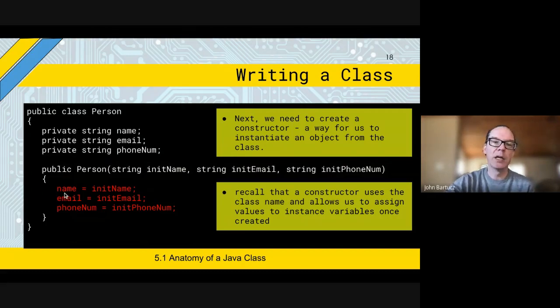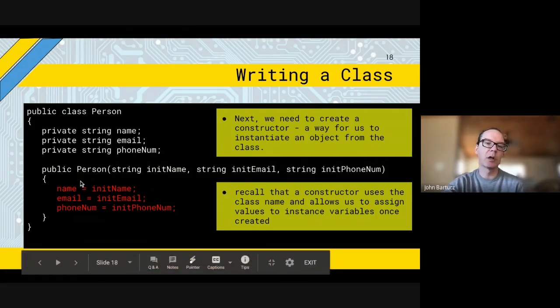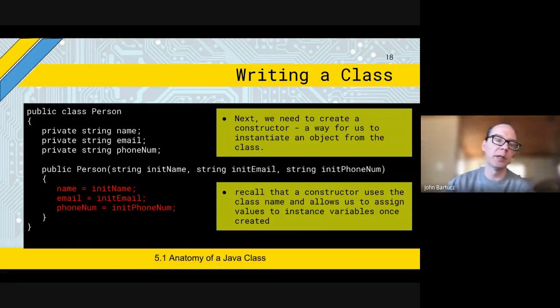And because this constructor method is inside the class, we can access those private variables. Remember, private just means you can't access it from other places. You can access all those variables from inside your class, inside your house.